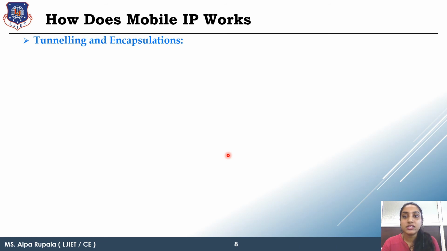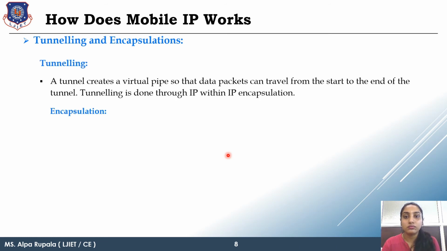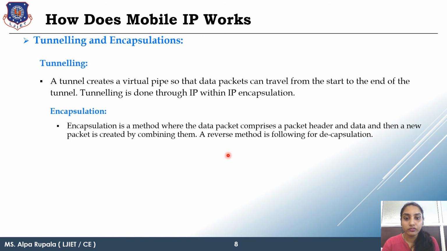The task is the encapsulation process, sending data by encapsulating it. That encapsulation is known as IP within IP encapsulation, because now your home agent will be the sender and the foreign agent will be the receiver. So the sender and receiver will take form like this.